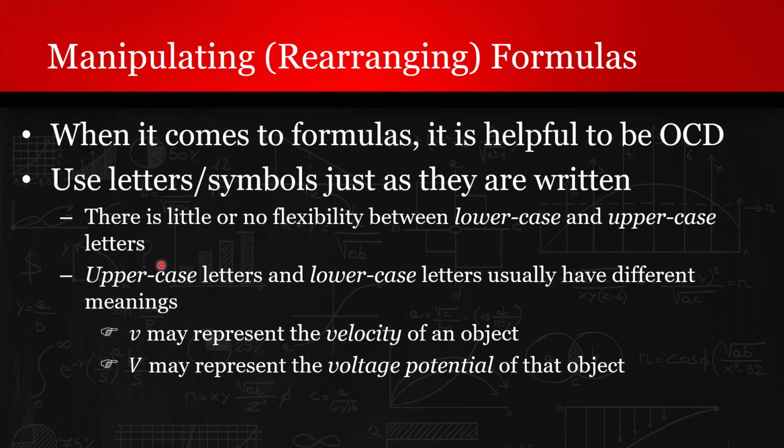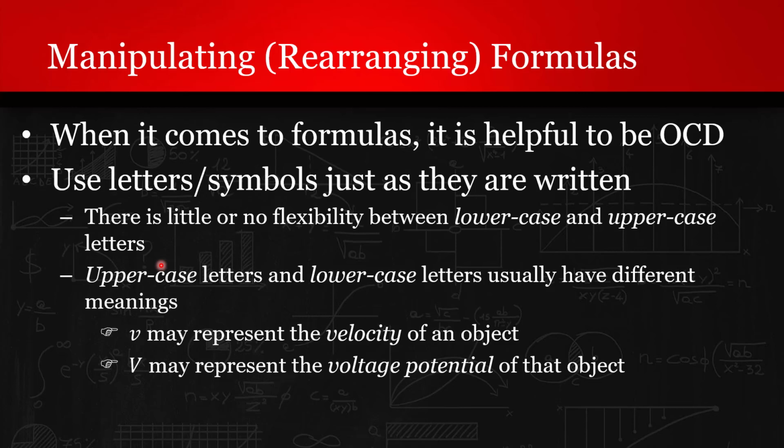However, uppercase V may represent the voltage potential of a particular object. Another example would be lowercase i. Lowercase i tends to stand for the imaginary number. However, uppercase I can stand for interest. It could also stand for current. So we want to keep those things in mind when we are manipulating or working with formulas.